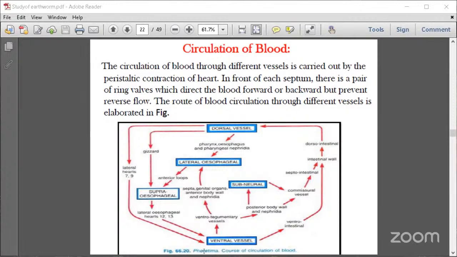Again it connects in three ways with the ventral vessel. So we can consider this as a closed circulatory blood system.